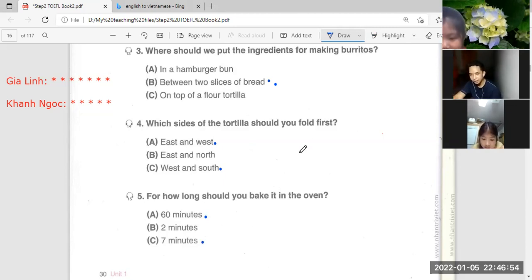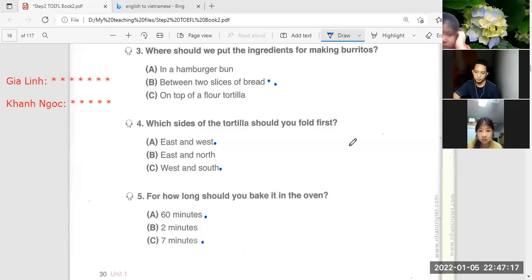Yes. Okay, now let's look at the answer for question number 1. Giving instructions on how to make burritos. Making a homemade burrito is simple and easy. First, prepare some meat, beans, cooked long grain rice, grated cheese, chopped cabbage, and salsa.